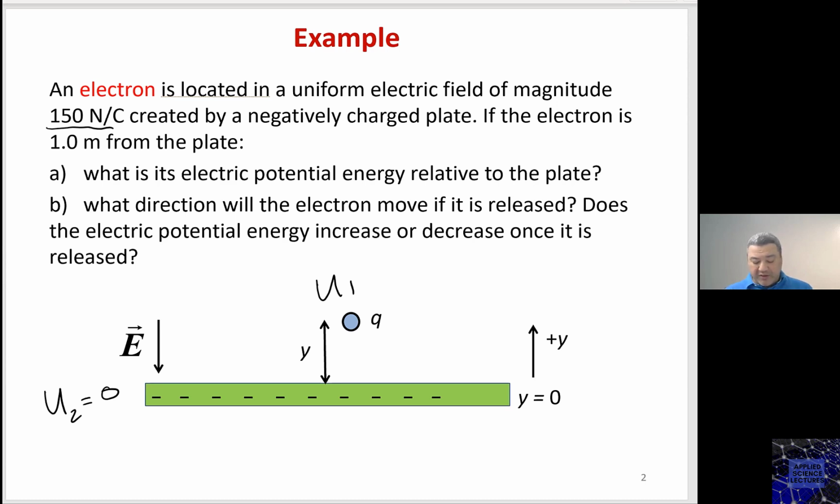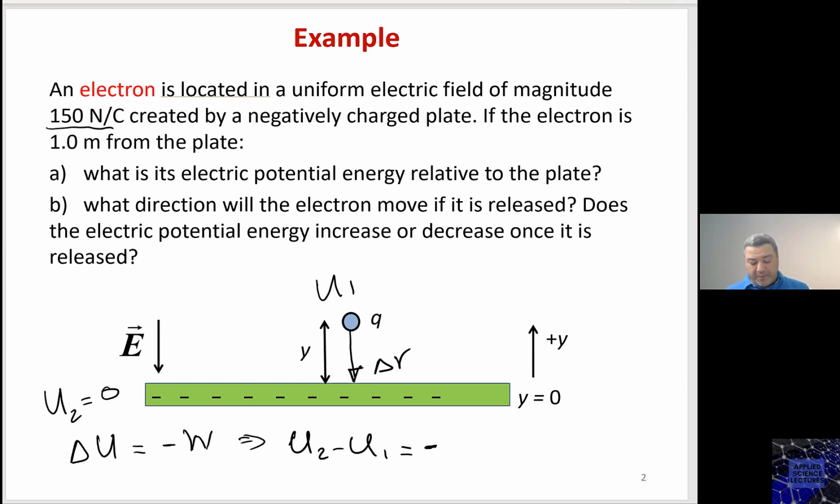I want to calculate the electric potential energy at position 1 with respect to position 2. And in this case, we will say that delta U equals minus W, which means U2 minus U1 equals minus W. Now, this is an electron. The displacement vector is this one.